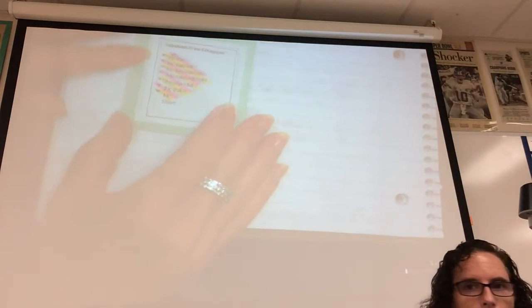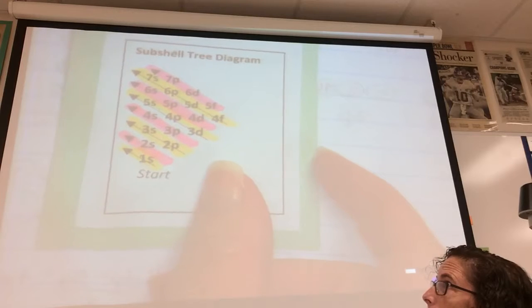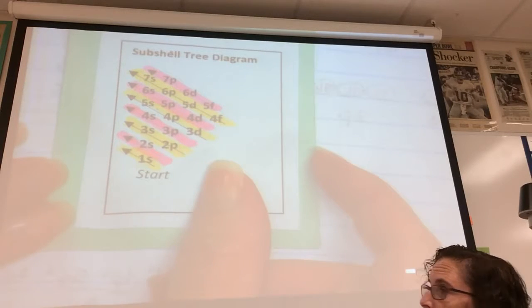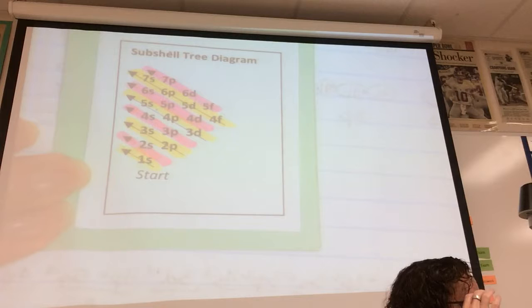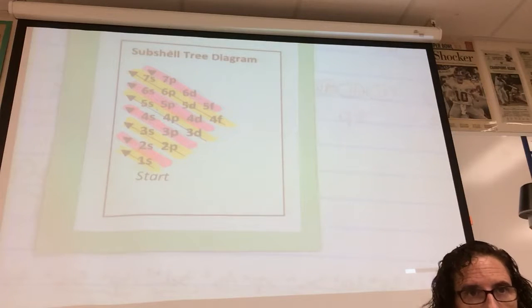I've got a little subshell tree diagram here. It just has colors, so we're just going to use this one to explain it. It says follow the arrows which show increasing energy.